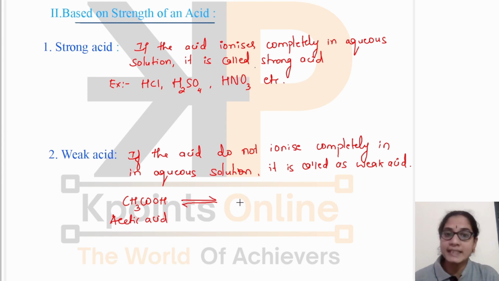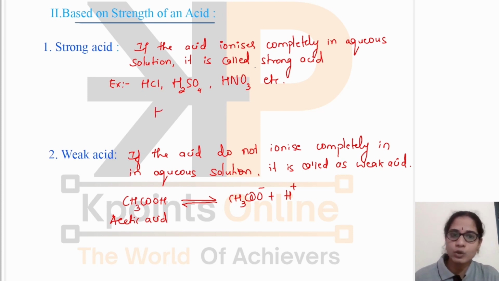It will not completely ionize in water to form H+ ions. It will remain in the form of molecules also. If you take the solution of acetic acid in water, molecules are also present because it is not completely ionized.